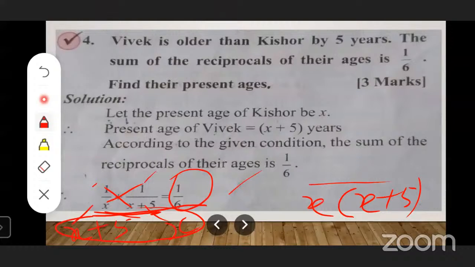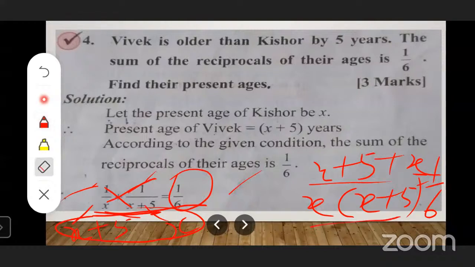This side we are getting X plus 5 plus, when you multiply X with this one, what will we get? X. So this side will remain the same. It is equal to 1 upon 6. So how will you get in the next step? 2X plus 5 divided by X into X plus 5 is equal to 1 upon 6.